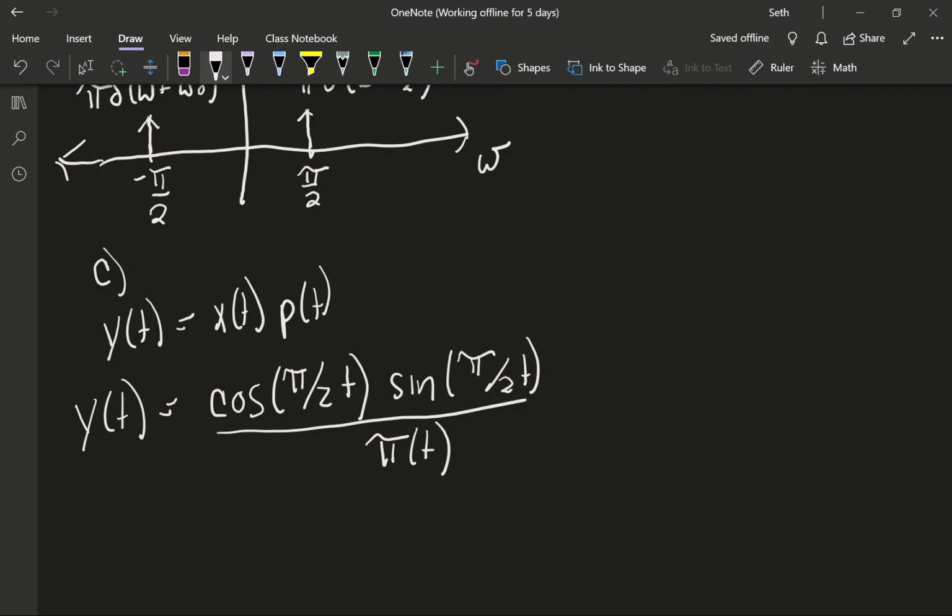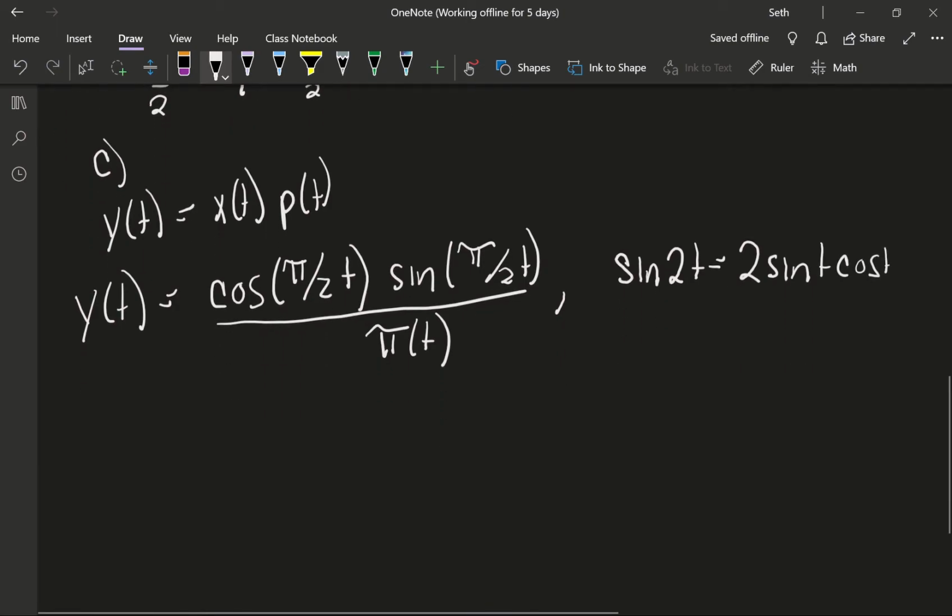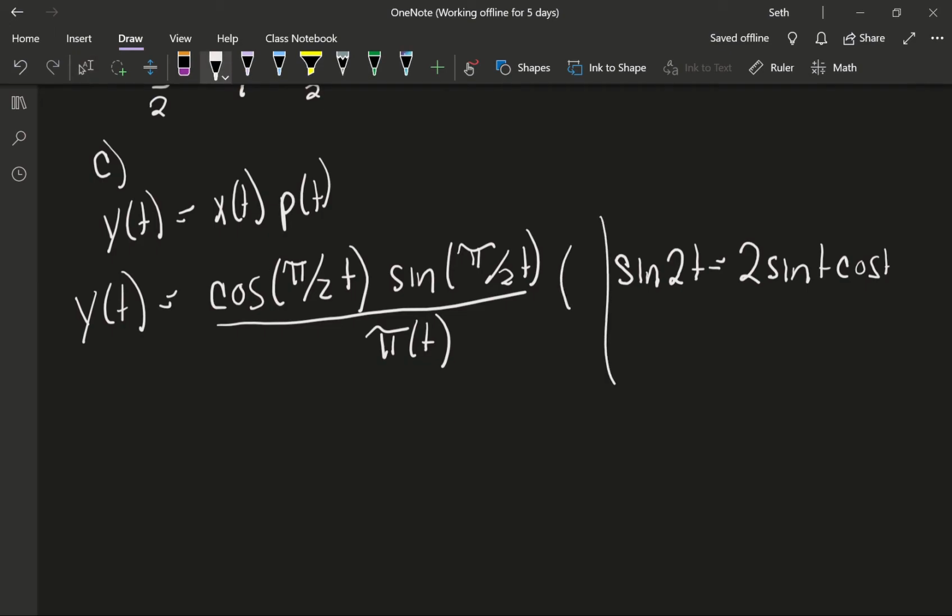Okay, we know that the double angle formula for sine and cosine is sine 2t equals 2 sine t cosine t. So here we can multiply by 2 over 2, because that's just 1, so that's valid. So we get y of t.